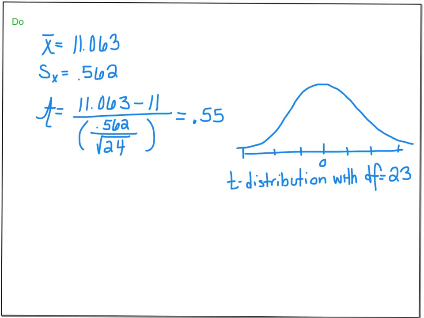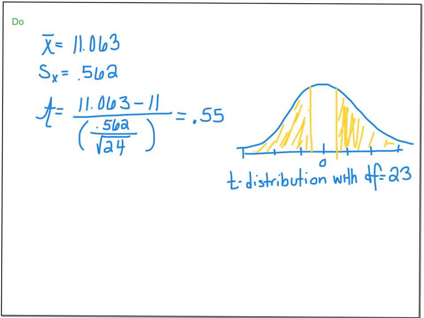3 this direction. And I'm trying to see, for my alternative hypothesis, what is the probability of getting a t-value at about 0.55 is right here, or more extreme, or in the other direction, negative 0.55 or more extreme.